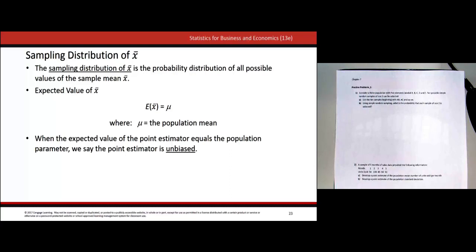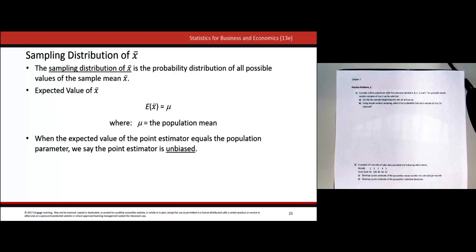That's why we also calculate interval estimates. And in order to calculate interval estimates, we need to know the sampling distribution of the corresponding statistic. If you wish to calculate the interval estimate of population mean, then we need to know the sampling distribution of X bar.